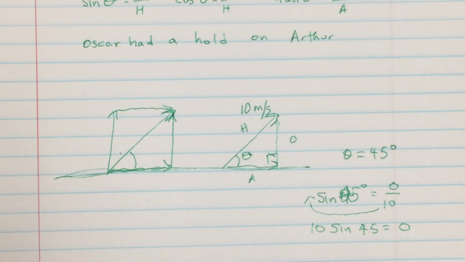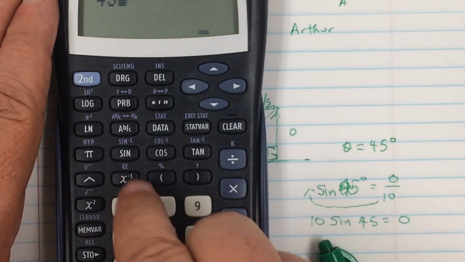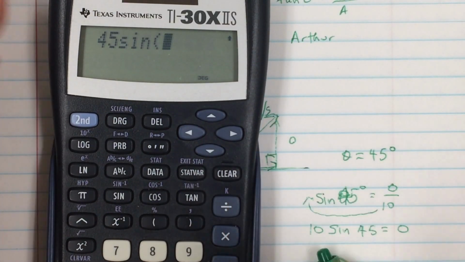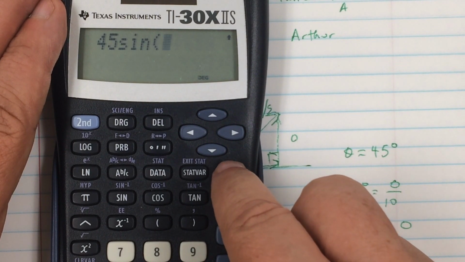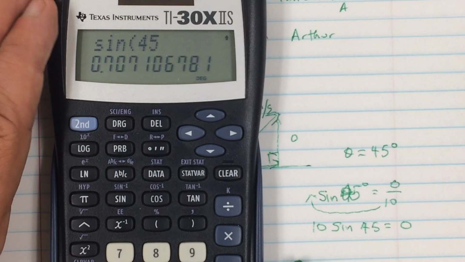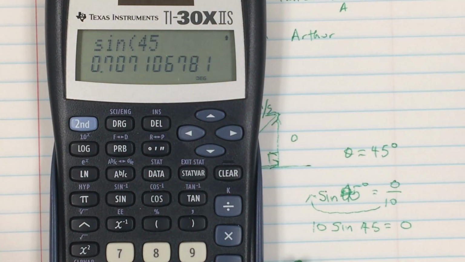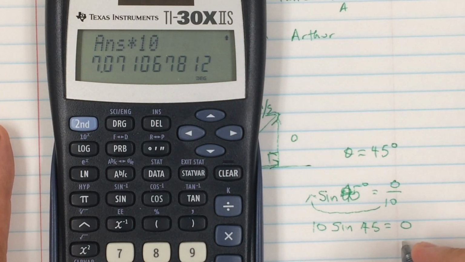Okay, I'm back. So if I were to take 45 and push the sine button, I'm going to get, oh, this is backwards. I hate this calculator. Okay, let's say I take the sine of 45 degrees, and I get 0.707, and I multiply that by 10, and I get 7.07.